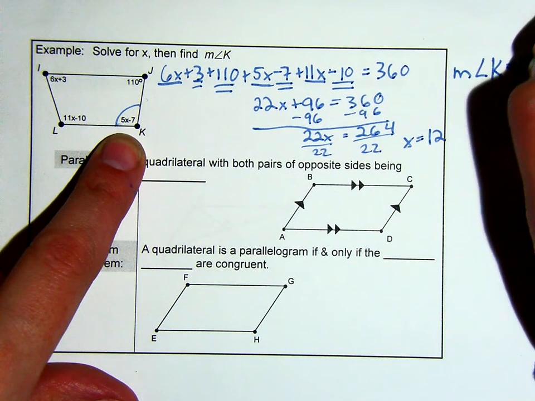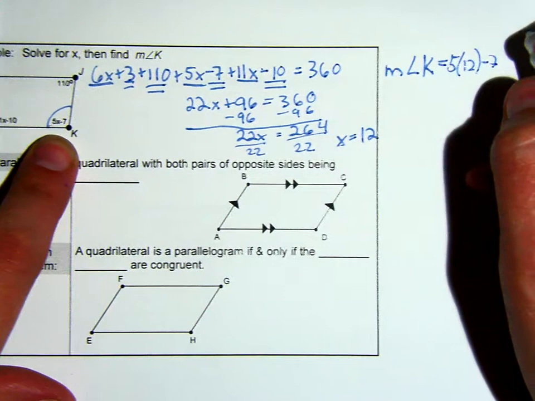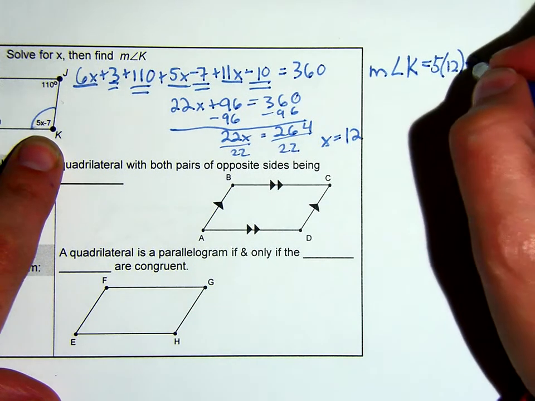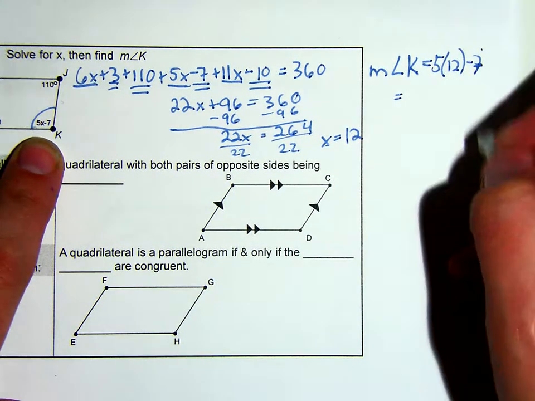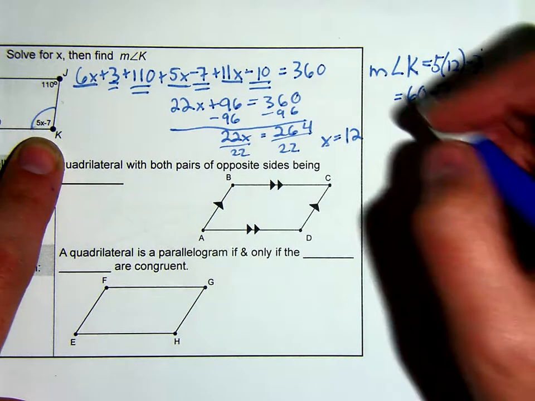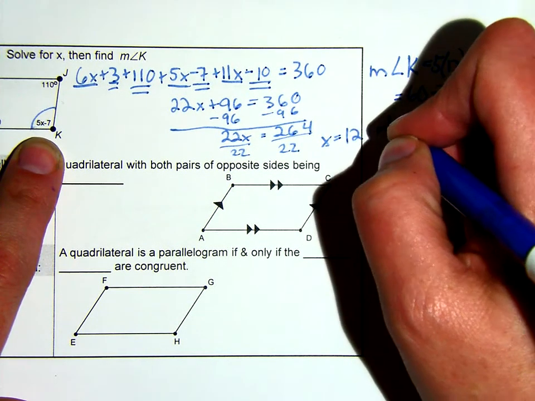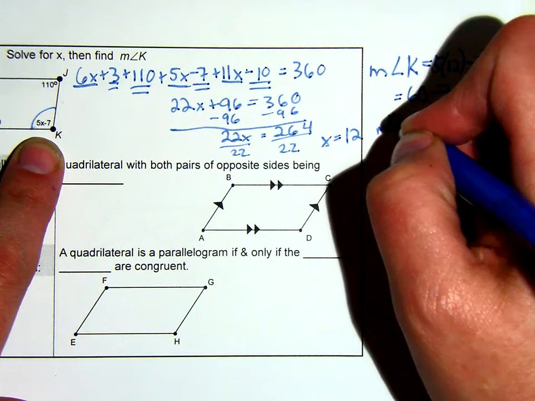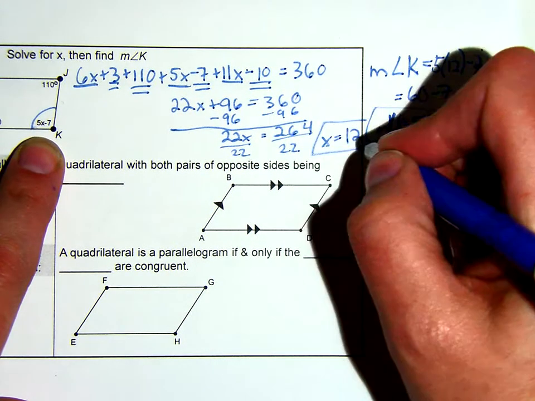So 5 times 12 minus 7. Oh, that's off the screen, sorry. So 5 times 12 is 60. 60 minus 7 is 53. So the measure of angle k is 53 degrees. And x was 12.